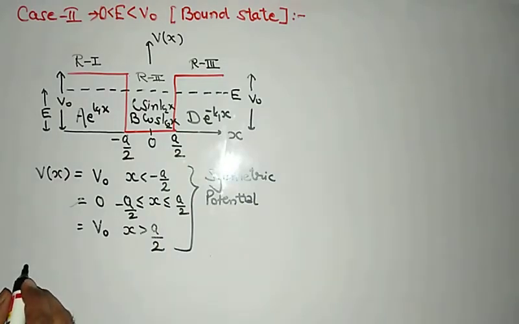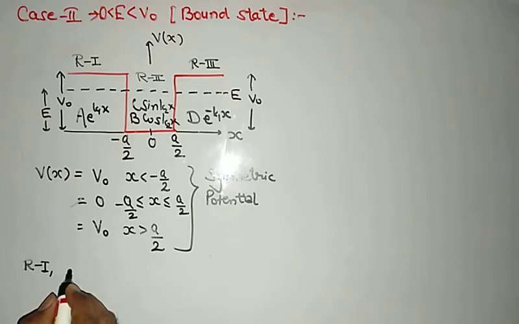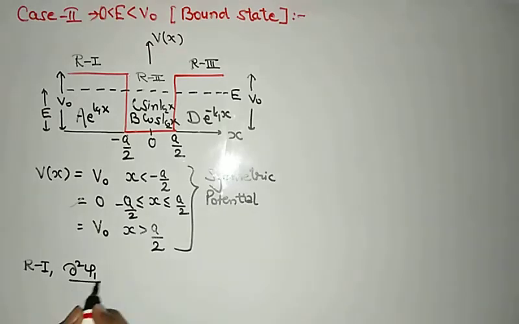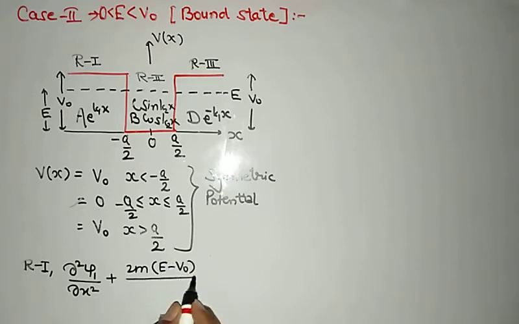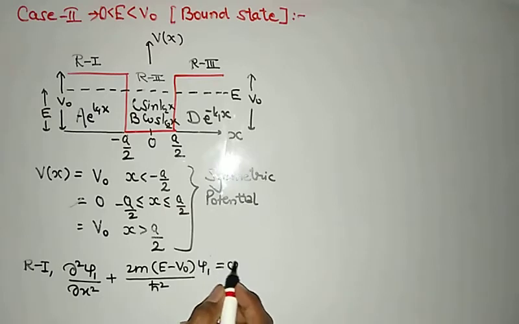So for region first, d square psi 1 upon dx square plus 2m (E minus V naught) upon h cut square psi 1 is equal to 0.